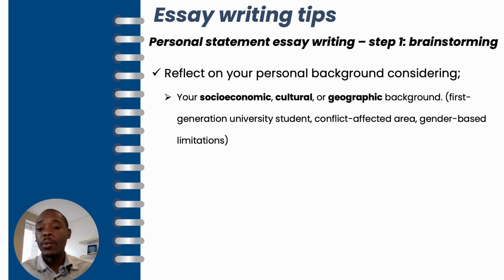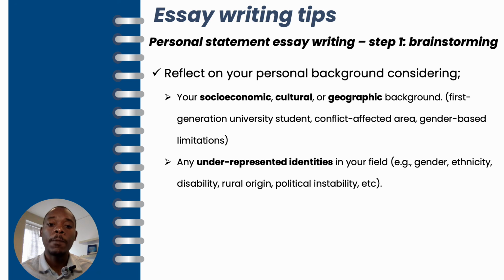You are the first one because of how you are disadvantaged. Are you coming from a conflict affected country or area? Are there any gender-based limitations that you faced? Maybe you are disabled or something like that. All those things can be included in this section.